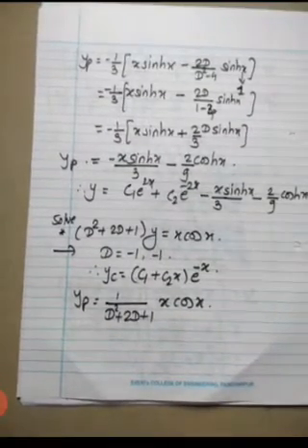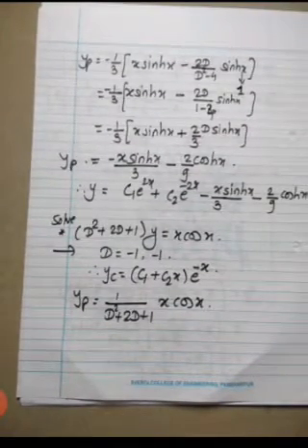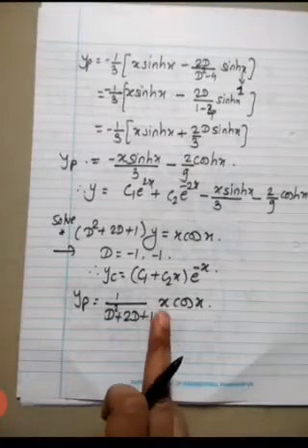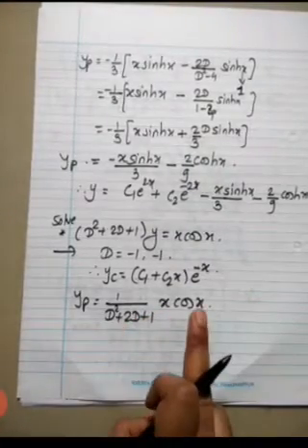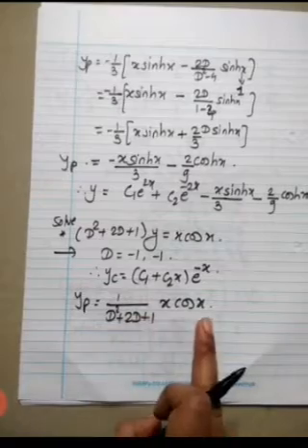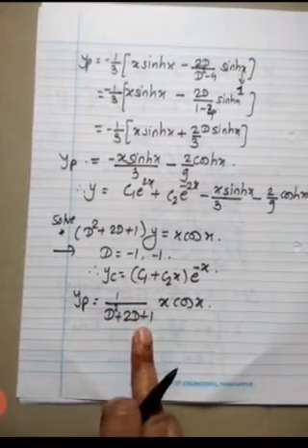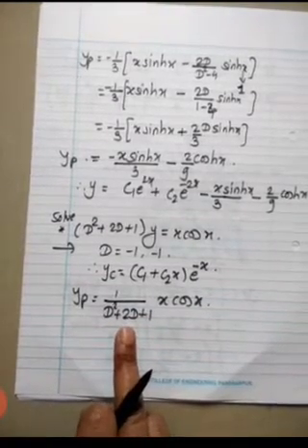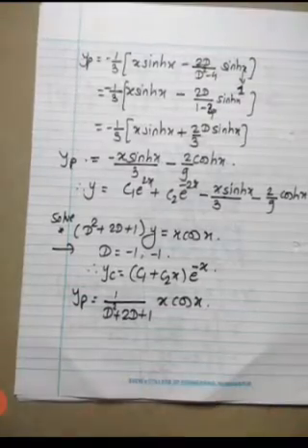Power of x is 1. D square will be minus 1, plus 1 cancels, but there will be 2D. So it is non-zero, therefore applicable.